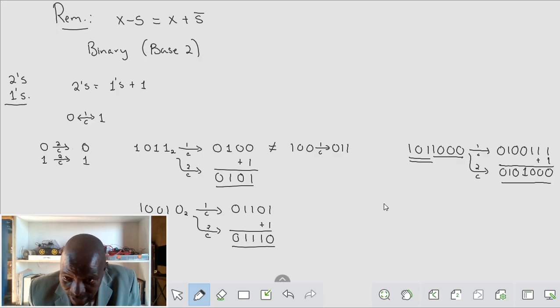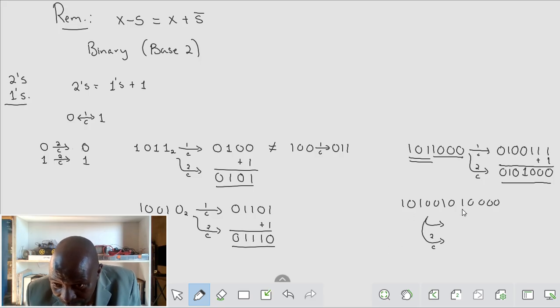Now let's try another one. Let's say we have 1 0 1 0 0 1 0 1 0 0 0 0. Now I'll do 1's complement, then 2's complement, but I'll start with the 2's complement to prove our theory. Our number stays as is for the 2's complement from the right up to the least significant 1.